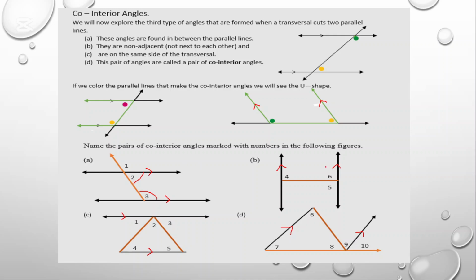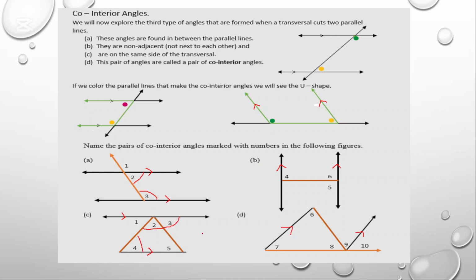The same over here. Two parallel lines, transversal, same side of the transversal, 4 and 6. So what did I say? From the parallel line to the transversal.